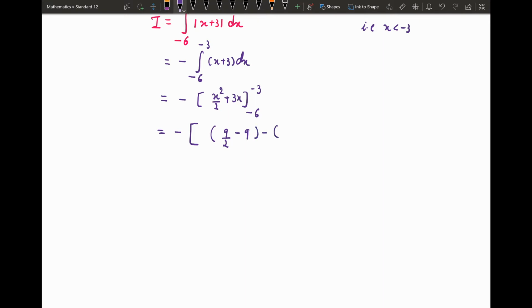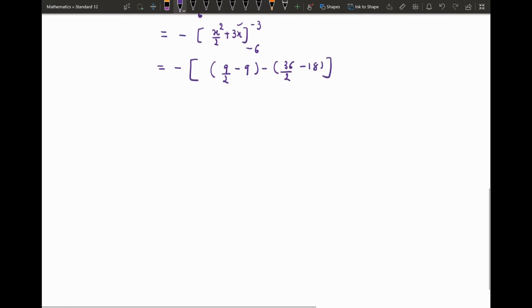Minus, put the lower limit x equal to minus 6: 36 by 2 minus 18.